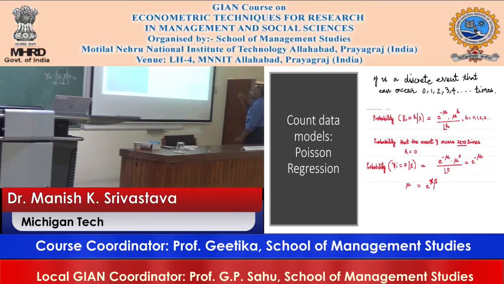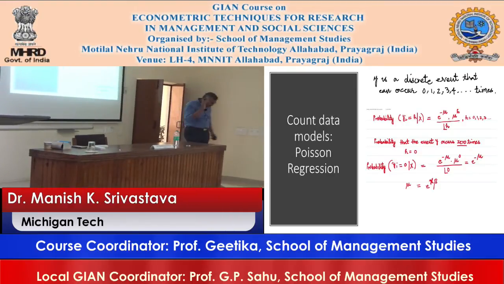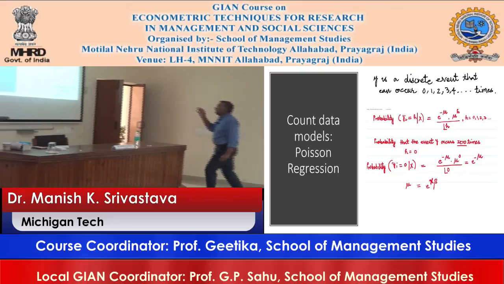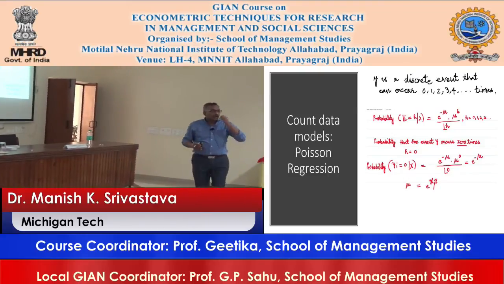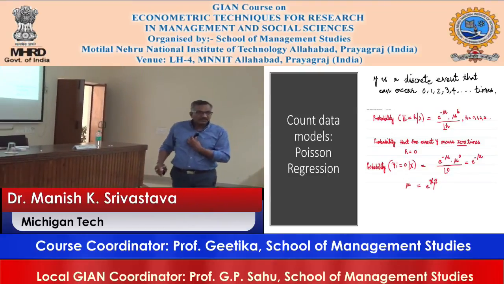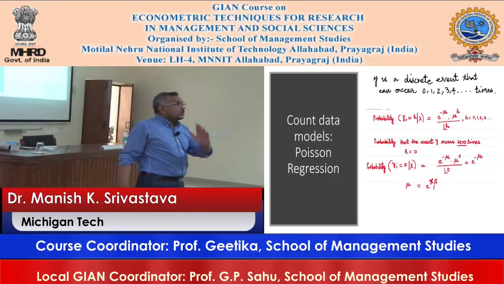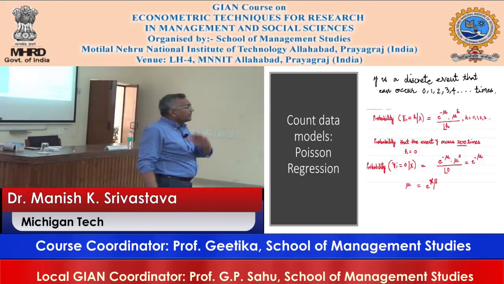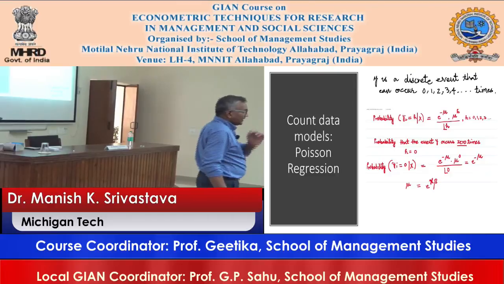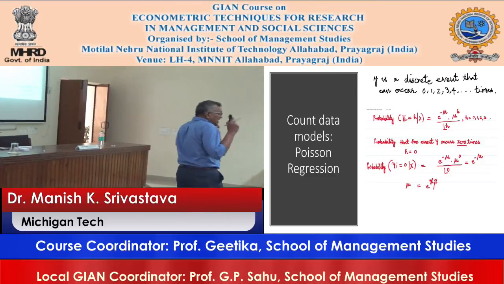Now, what is the Poisson model making? Poisson makes one assumption. The assumption is the equality of the mean and the variance of the event. So they are equal.